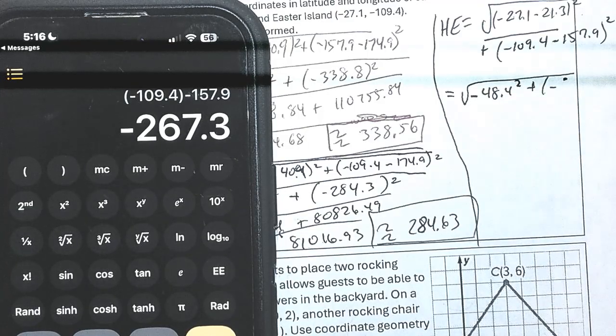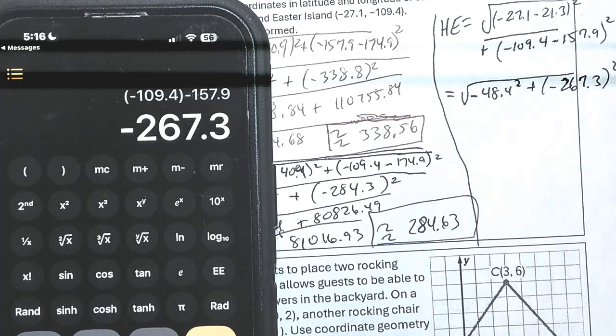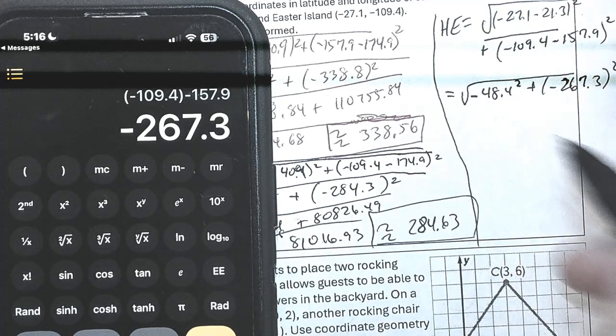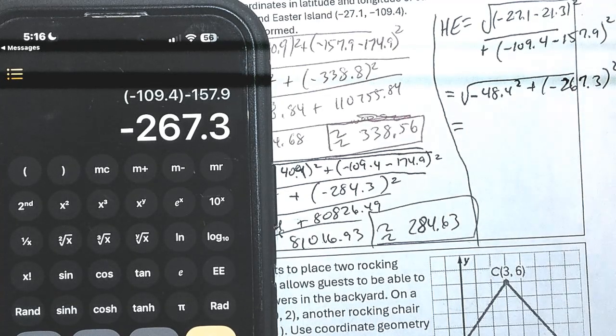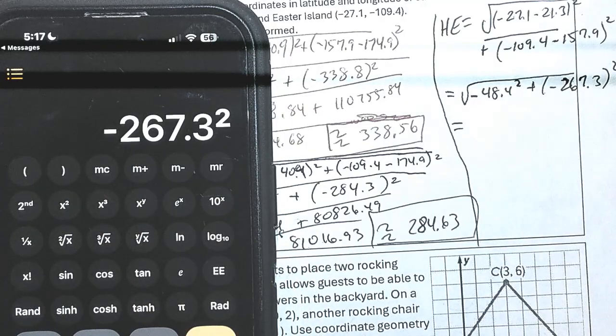So that gives us negative 267.3. Yeah, my notes had something else. So we're going to square that. Square. Yeah, square it.